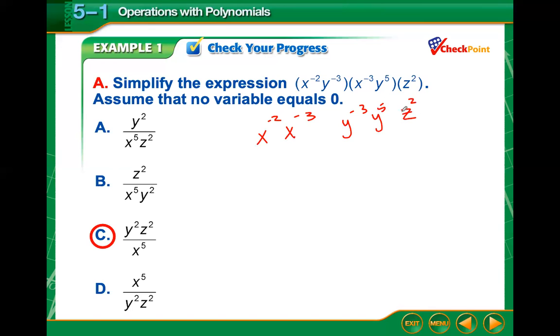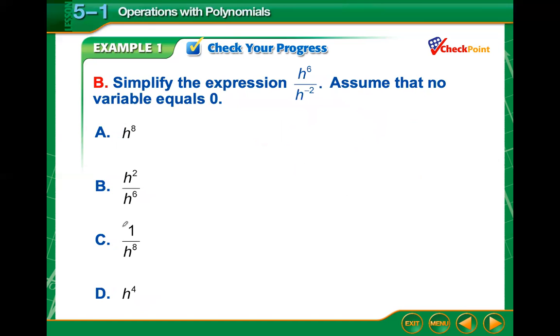So z is by itself, so I know I'm going to leave z squared up in the numerator, which crosses out a and d. Both of these are negative, and negative 2 minus 3 is x to the negative fifth. But that gets me 1 over x to the fifth because of the negative exponent property. Negative 3 plus 5 is y squared. So that stays in the numerator, and we keep our z squared in the numerator, which when we add that all up, we're going to get y squared z squared over x to the fifth.